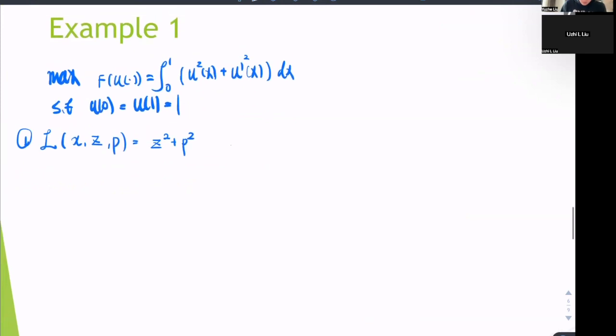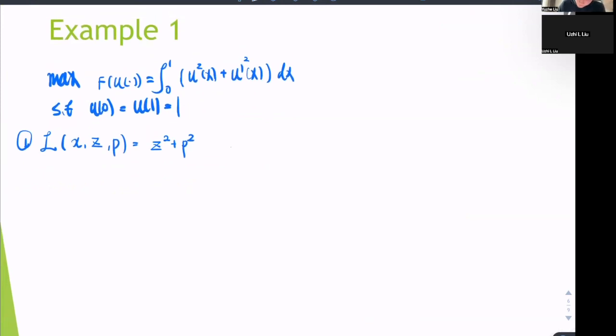And now we have to put this into the Euler-Lagrange equation.